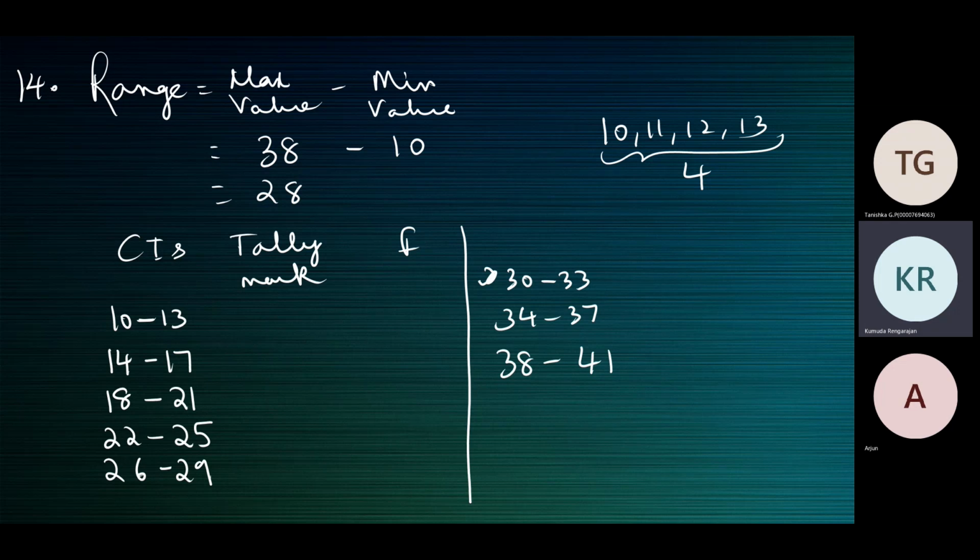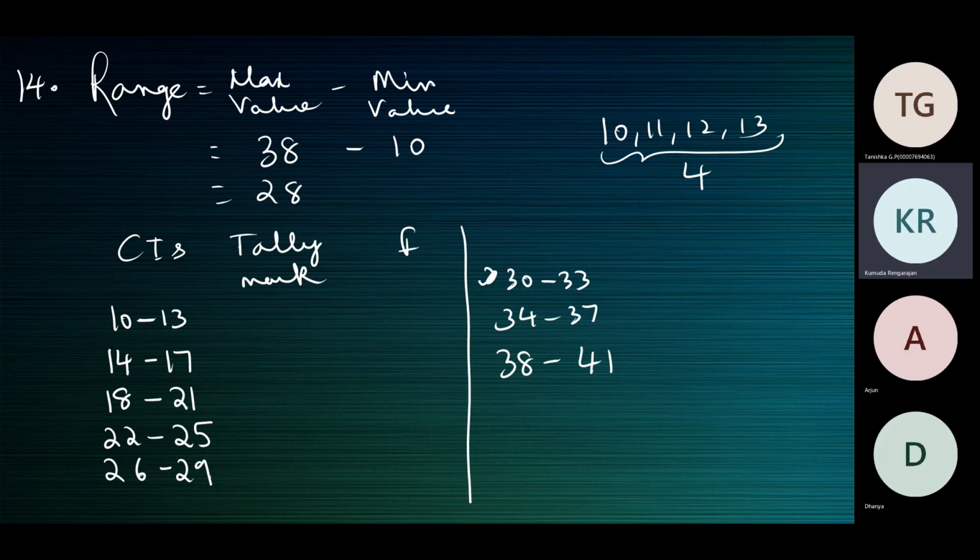So when you take the difference, it is 3, 10 to 13. The difference is 3: 13 minus 10, 3; 17 minus 14, 3; 21 minus 18, 3. But since the upper limit is also included in the same class interval, the class size is 4. Because what is class size? The number of integral values a class interval holds.